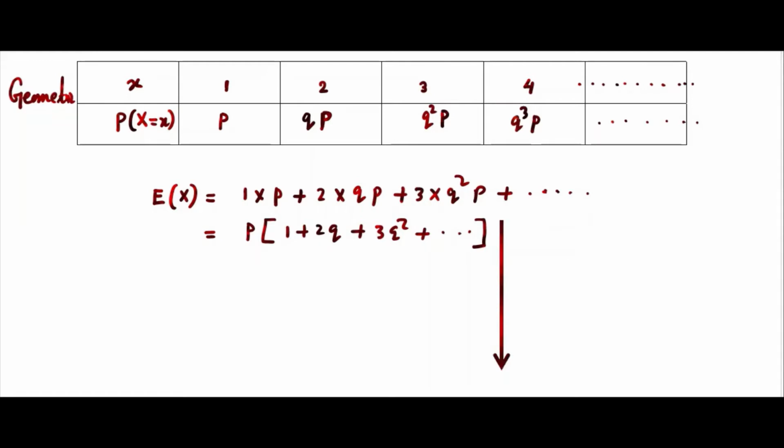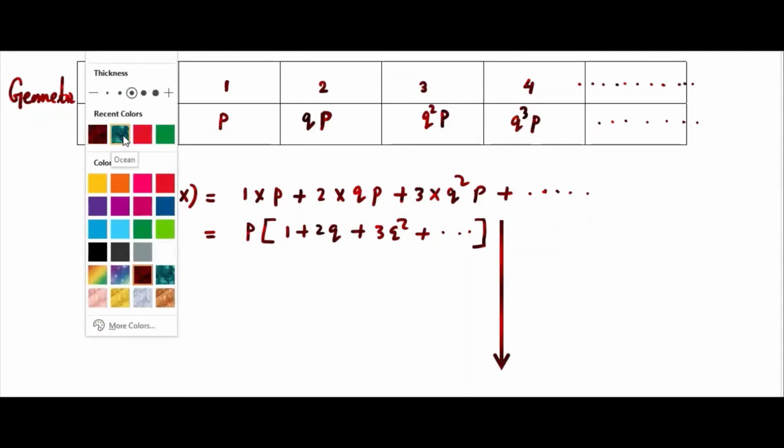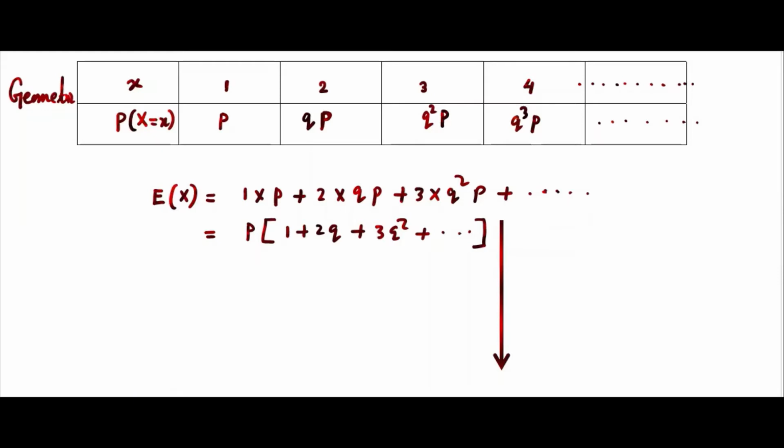And once you get it, you have to do some kind of manipulation, which we always use in mathematics. Suppose you need to find the value of 1 plus 2Q plus 3Q square, that way it increases. Then what we do is we multiply with Q here, then we subtract. If you multiply Q here, you get Q, 2Q square, 3Q power 3, okay?